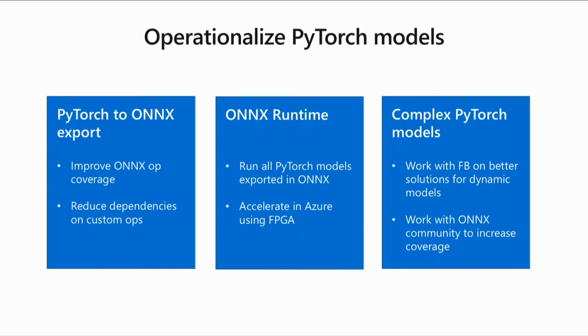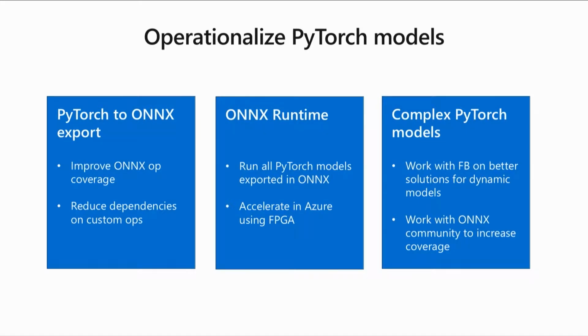And the second thing is we want to make sure all PyTorch models can be exported to ONNX and run on Microsoft ONNX Runtime, which runs in the cloud and also on all kinds of devices Microsoft cares about.